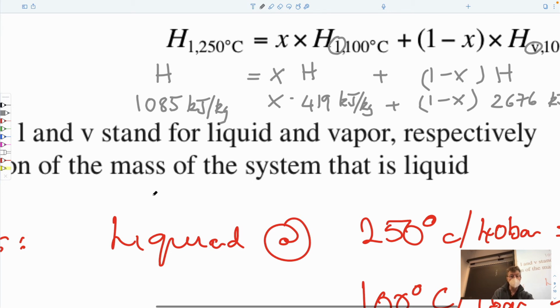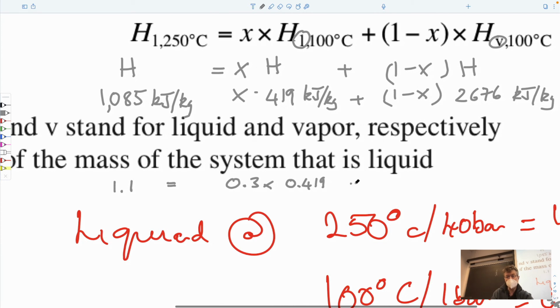I did it for. Well, it's easy, right? It's something like 1.1, if you take this away, is equal to 0.3 times 0.419. I'm just rewriting this, not in thousands, but in units. And this is 1 minus 0.3, which is 0.7, multiplied by 2.676, just to make it easy by taking the thousands out of this.